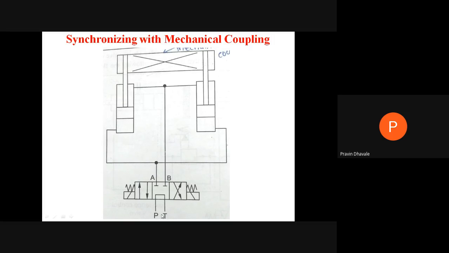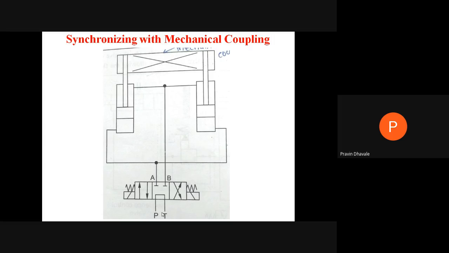Are you getting its operation? Synchronization with the mechanical coupling. Synchronization operation is required to move both the pistons simultaneously, meaning you have to maintain the same speed of both the pistons, right, irrespective of the load on the cylinder.